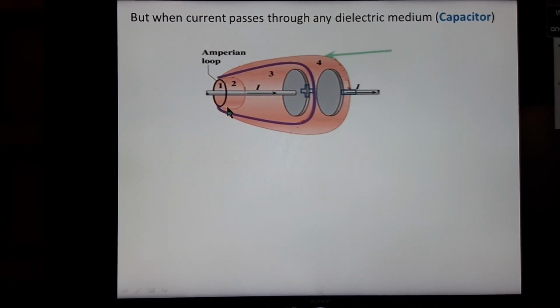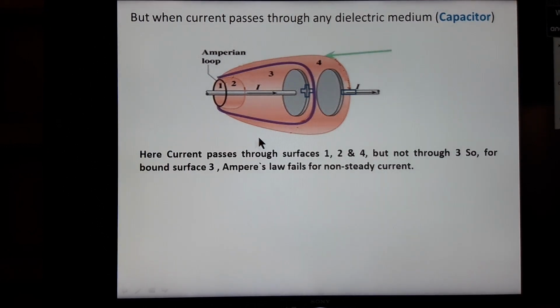The conduction current I passes through surfaces 1, 2 and 4 only, but no conduction current passes through surface 3 because it contains the vacuum region between the capacitor plates. So for surface 3, Ampere's law fails for non-steady current.